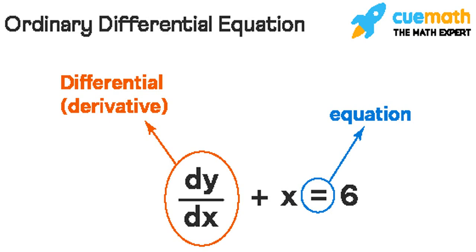Now, when you talk about the degree of a DE, you're talking about the power of the highest order, or the power of the highest derivative. So if the highest derivative is d4 y all over dx4, look for its power. Then you will know the degree of that particular DE.